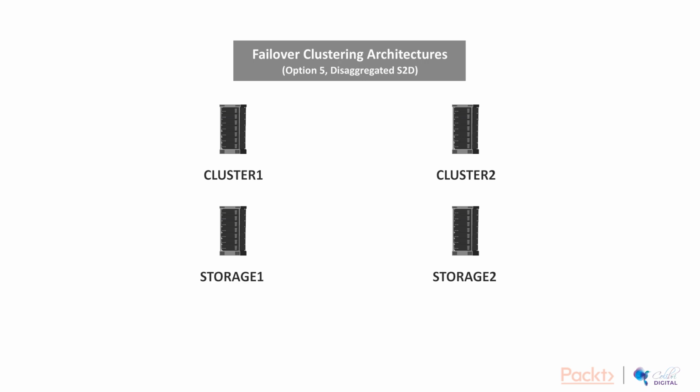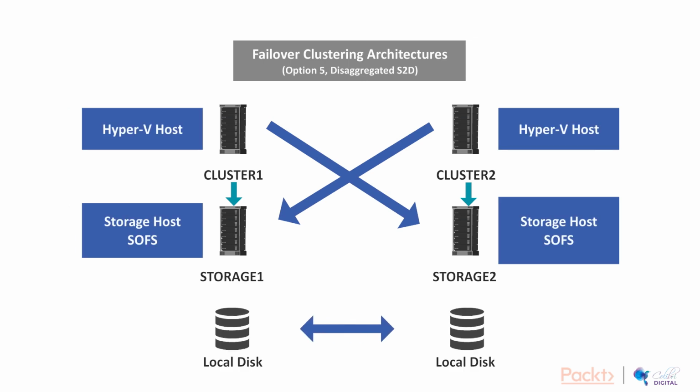We have interconnects between those compute nodes and then the cluster nodes down below. Then we separate out the roles, so the actual services themselves exist on the cluster nodes and the storage is served by a scale-out file server, SOFS cluster here in the lower tier, right?